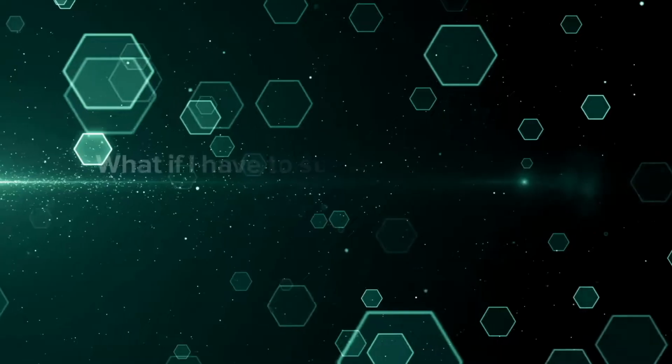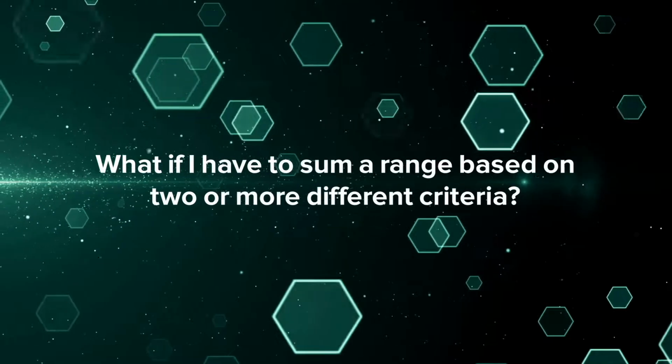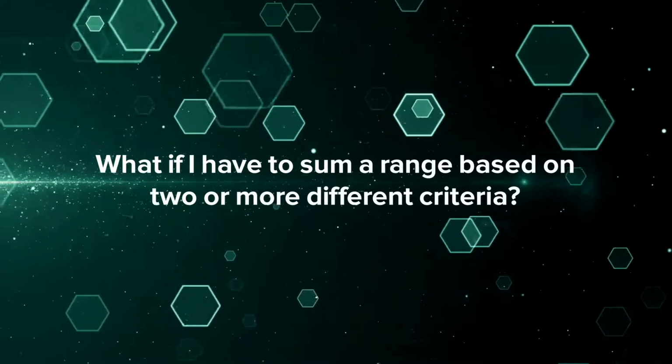SUMIFS is Excel's answer to the question, what if I have to sum a range based on 2 or more different criteria? Before the introduction of SUMIFS, you would have had to use another column and the combination of AND and IF functions to support the operation, which would have made your sheet way more complex to read.